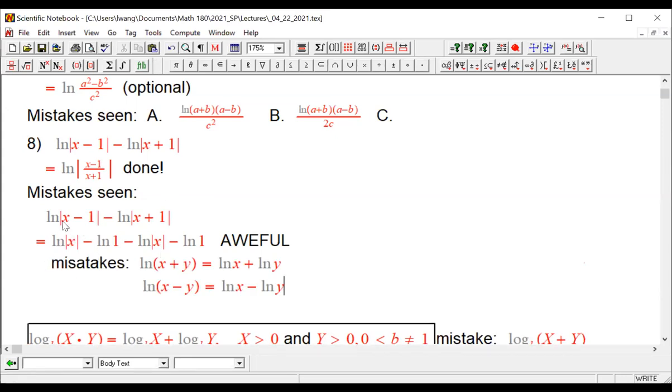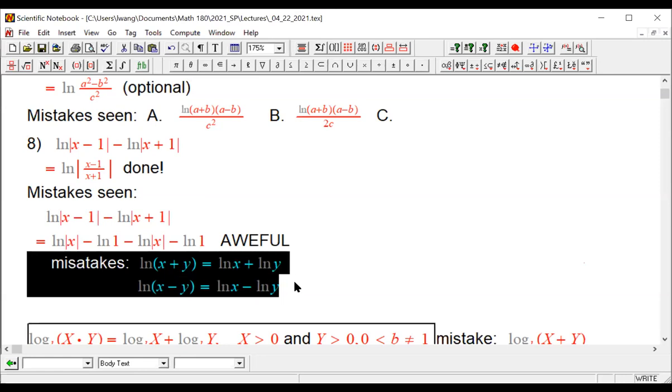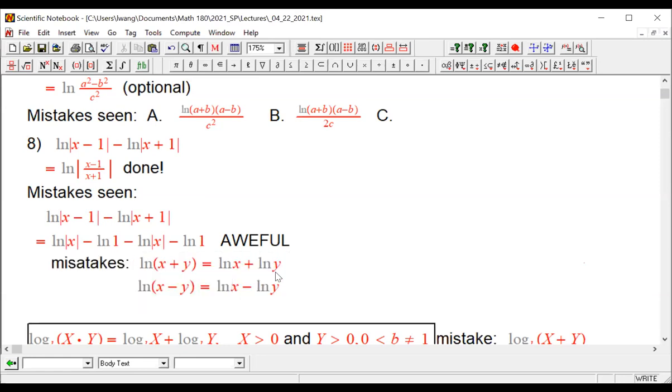It's also mingled with the mishandling of absolute value. So this kind of mistake shows up again, in different shapes and forms. You guys see that? In addition to these mistakes, there's an additional mistake, which is the mishandling of absolute value. You cannot separate, right?